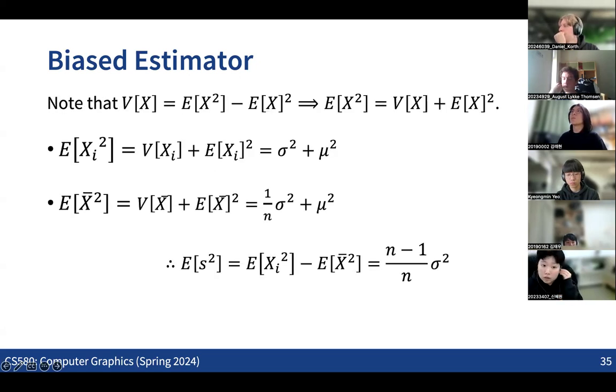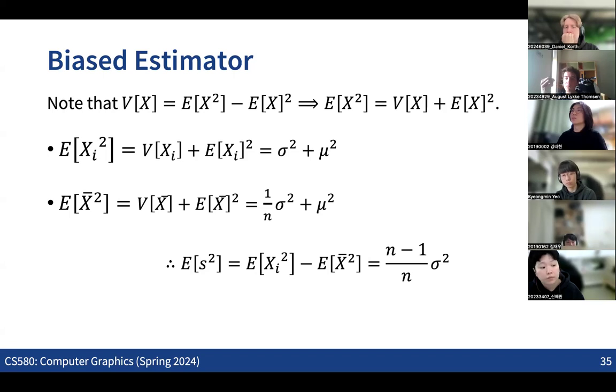Actually, what we need is a very clear idea of the difference between the unbiased estimator and the biased estimator. When you talk about a biased estimator, it does not mean that it's some wrong estimate for the outputs.